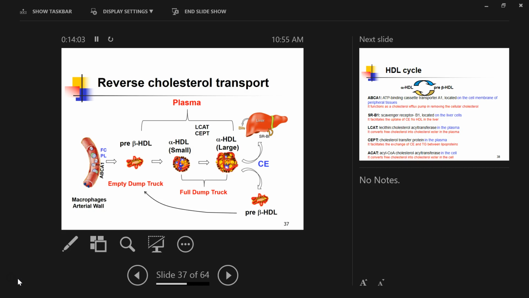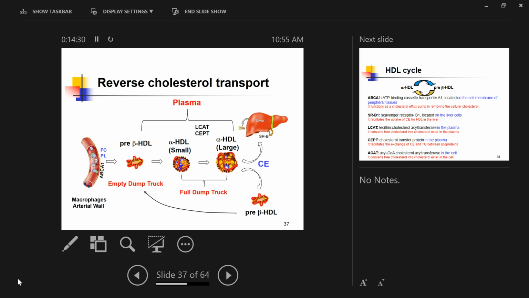Free cholesterol is usually located on the surface of the lipoprotein, beta HDL. But eventually, this free cholesterol needs to be reesterified to cholesterol esters and then enter the inside of the lipoprotein, that means the core area.